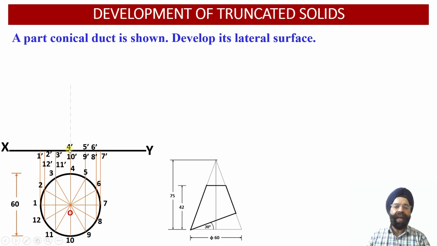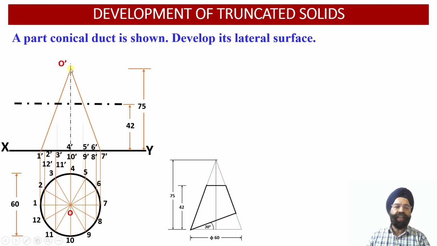Now we also know that the height of this cone happens to be 75 millimeter. Once we mark the height of the cone equal to 75 millimeter, the apex point O dash will be evaluated over here. The moment we obtain the apex point O dash, we can join it with the base. To begin with, we have joined O dash 1 dash and O dash 7 dash over here.